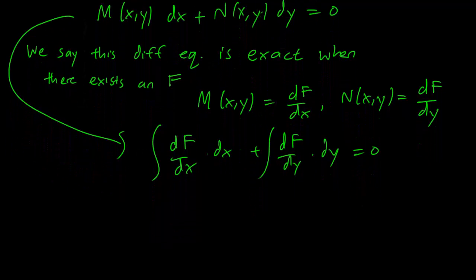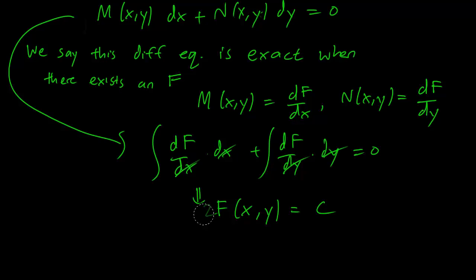So this basically implies that when we cancel the x's and the y's, we have f(x,y) equals C. Well, actually it's going to be 2f(x,y) equals C, but we can subsume the constant 2 into the C, because C can be whatever we want.